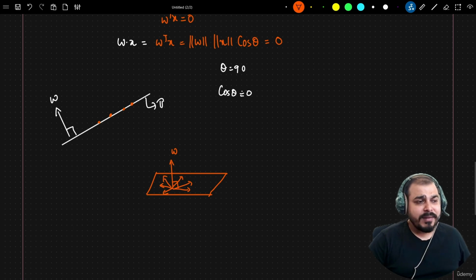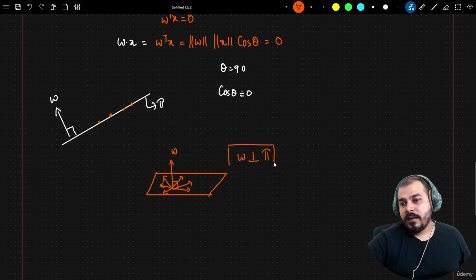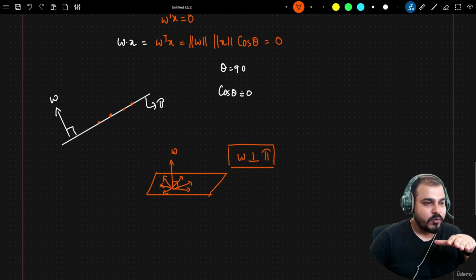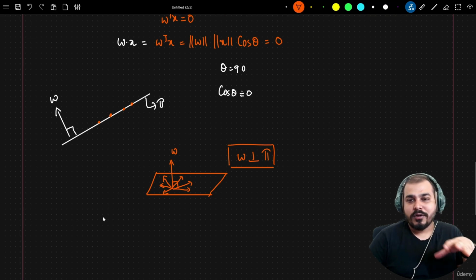So mathematically we can mention that w will always be perpendicular to my plane. This shows that whenever we are considering w, it is always perpendicular to the plane.